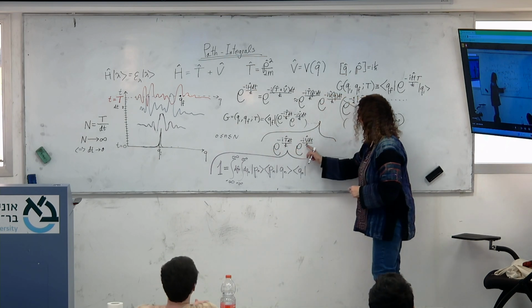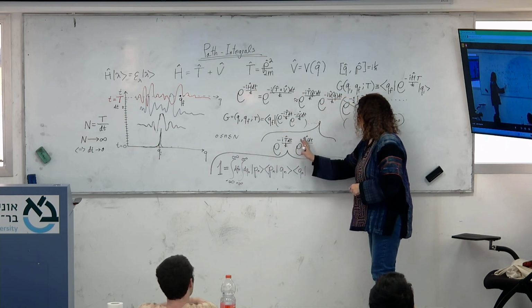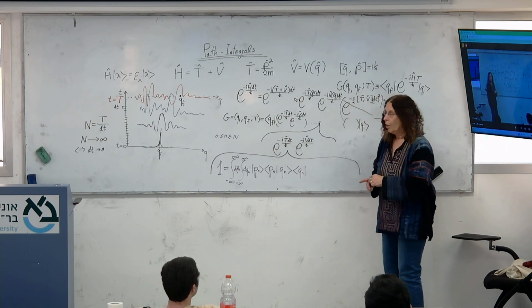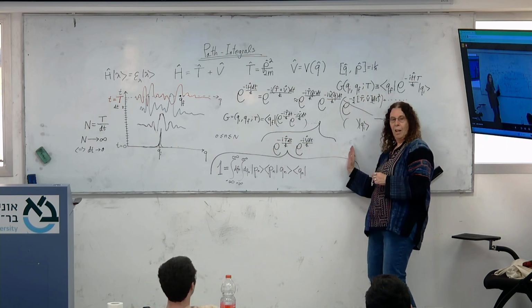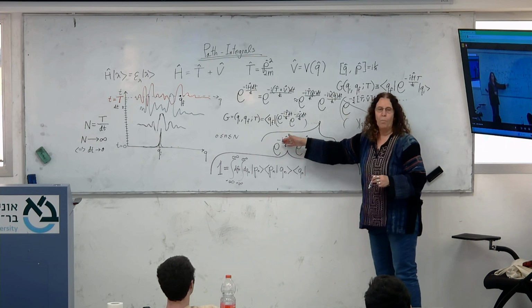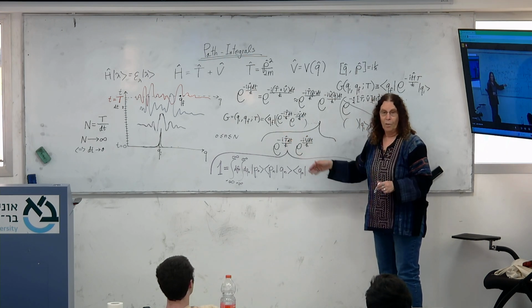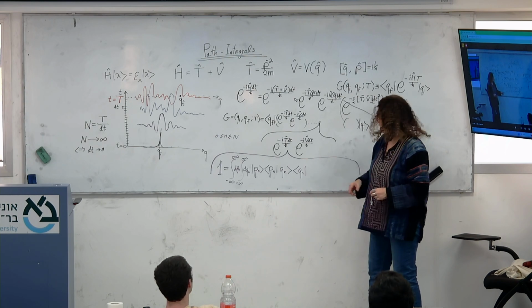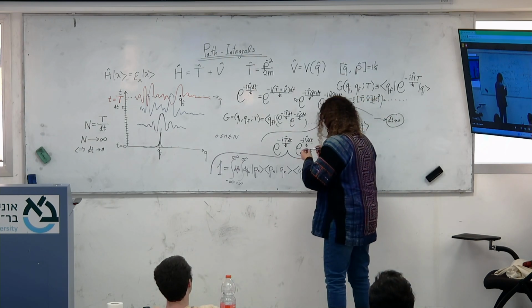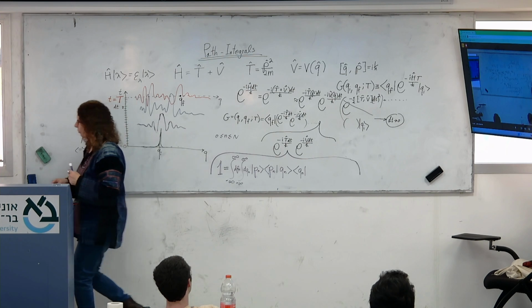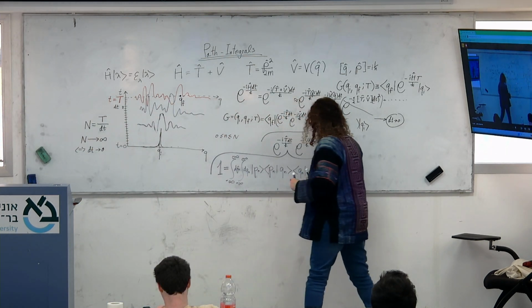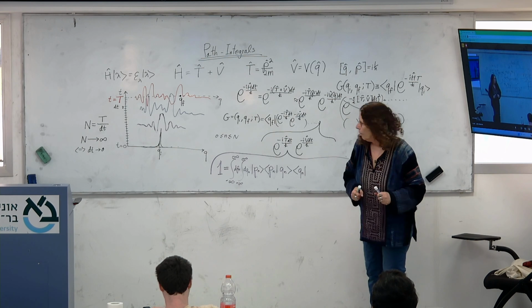I put it between one exponent and the other, but then the next will be to the right of this. I have another e to the minus it for the n minus 1 time step, right? So let me add it. But what about the constants in the middle? Which constants? The projection of Q_n on P_n.